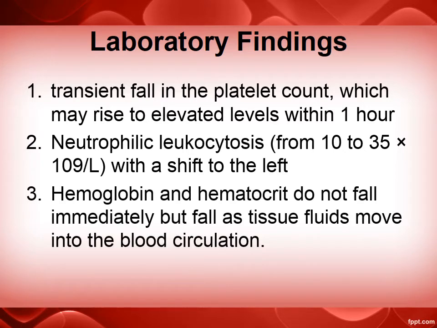Hemoglobin and hematocrit do not fall immediately, but fall as tissue fluids move into the blood circulation. It can be 48 or 72 hours after hemorrhage until the full extent of the red cell loss is apparent.